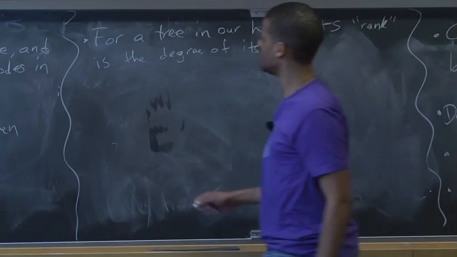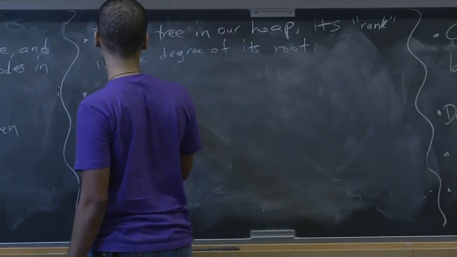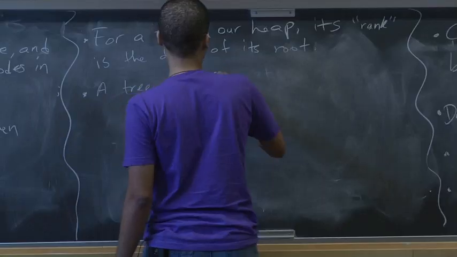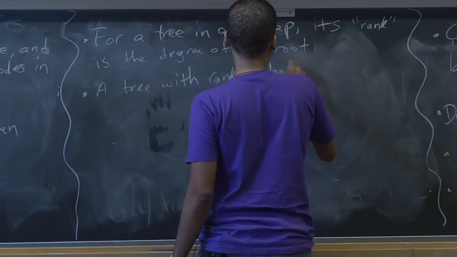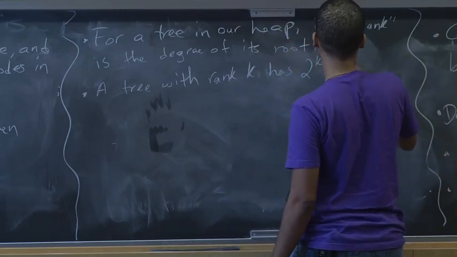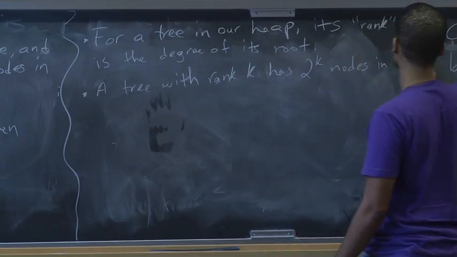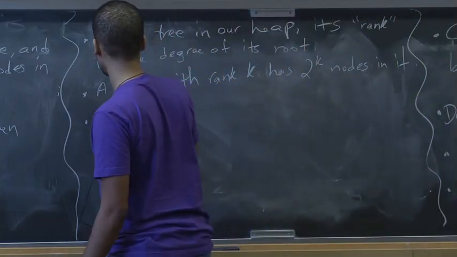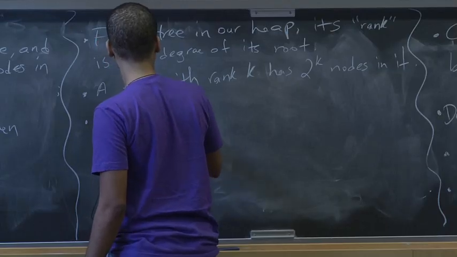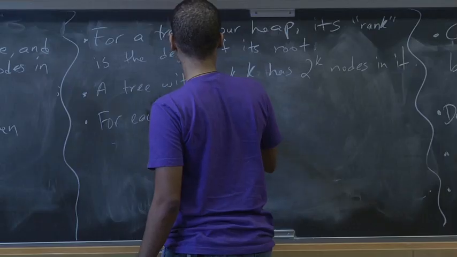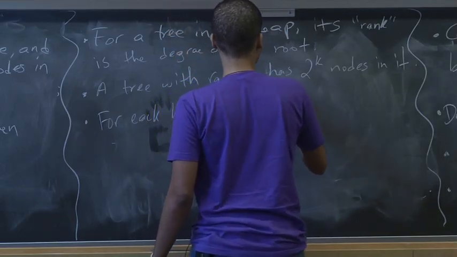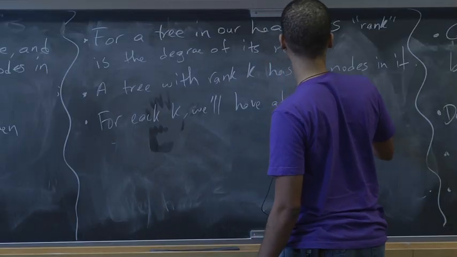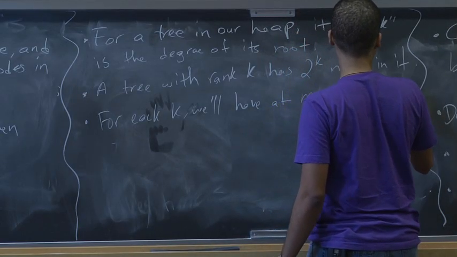What we're going to maintain is that a tree with rank k will have exactly 2 to the k nodes in it. Also, for each k, we'll have at most one tree of rank k. Very soon I'll start drawing a picture, and then this will be very clear.